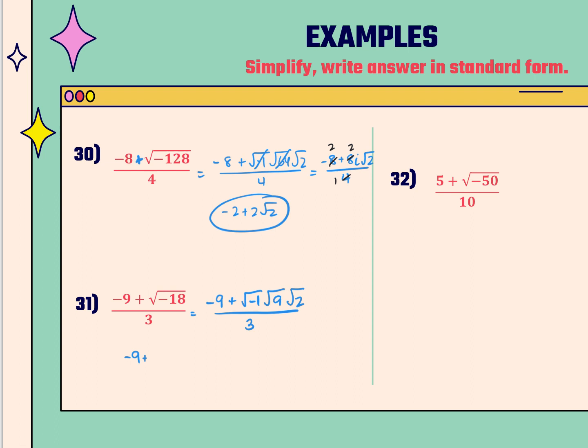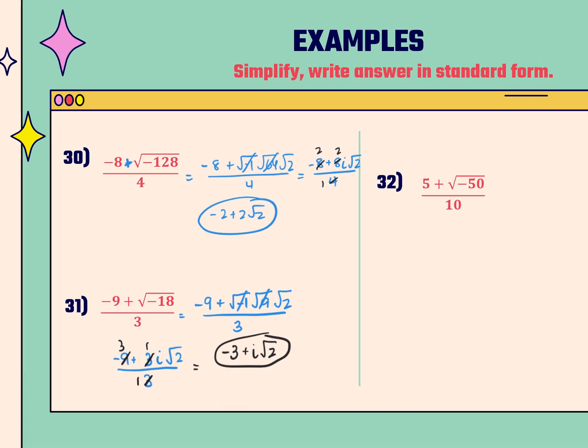The square root of 9 is 3, the square root of -1 is i, and it leaves me with a radical 2, all over 3. Because all the numbers outside the radical are divisible by 3, I can factor the 3 out. So my final answer is -3 plus i radical 2, and since it's over 1, I don't write that.